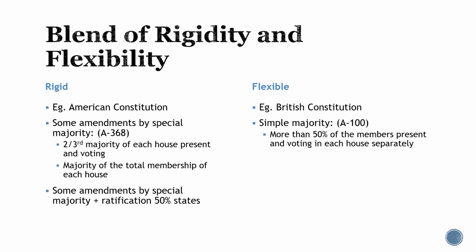Simple majority is covered by Article 100. That means more than 50% of the members present and voting in each of the house separately, and that is enough to pass the motion. Then the example of a flexible constitution is the British Constitution, which is also easy to amend.